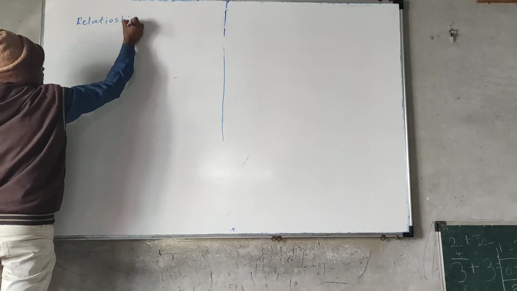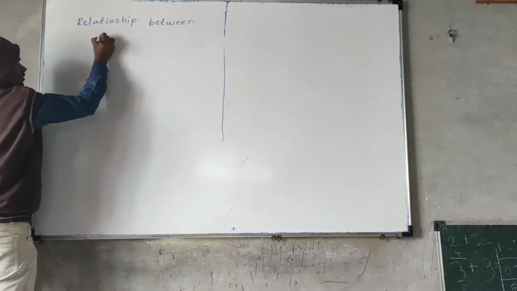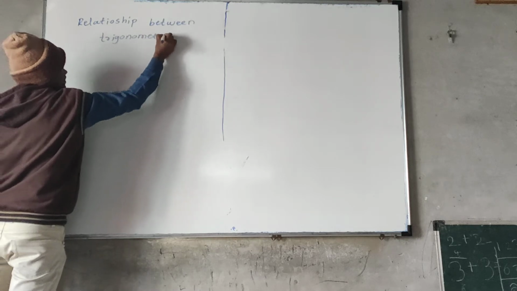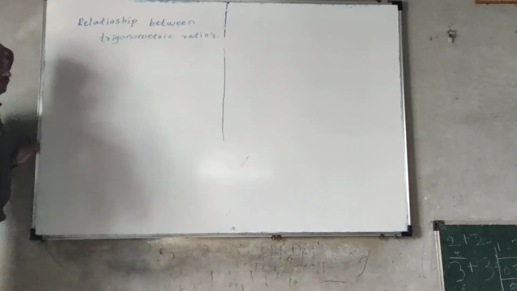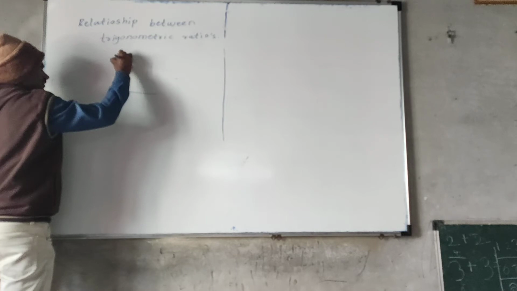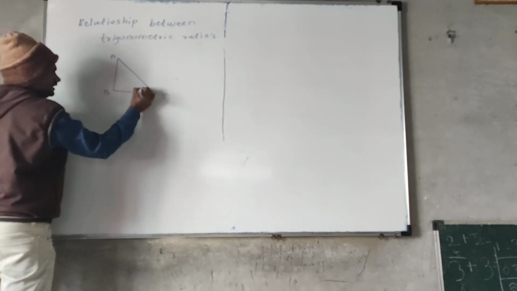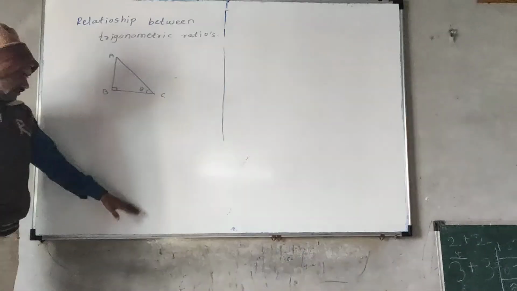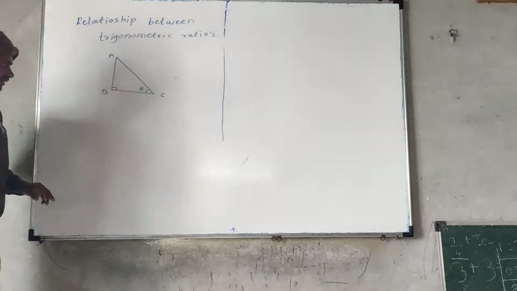For this, we take a right angle triangle ABC, angle C theta, angle B 90 degrees. We write the 6 trigonometric ratios for this triangle.